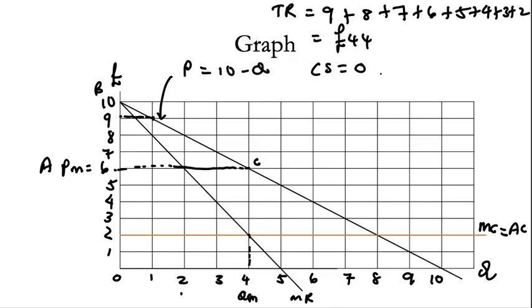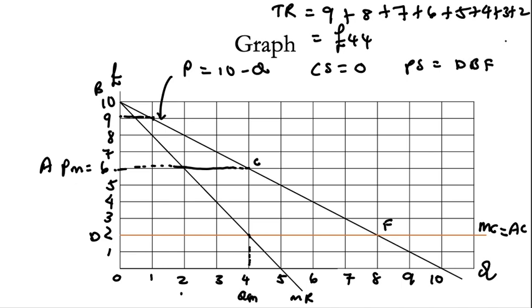Get me? But what about producer surplus? Producer surplus is actually the entire area below the demand curve here until this point. Let's call this point F, and also this point 2 here, I call it D. So producer surplus is actually D, B, F, isn't it?